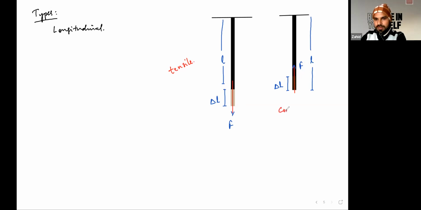So it is called compressive. Is it clear? Yes, sir. So we may define this longitudinal in two different ways. First is tensile and second one is compressive. So tensile is the amount of stress applied over this particular object to elongate it. Just 1 minute.